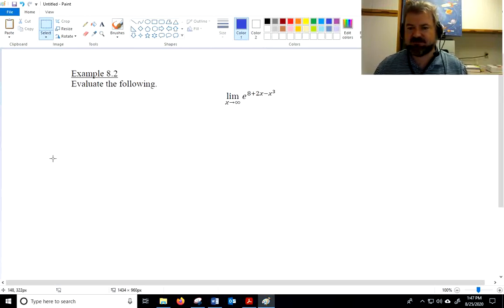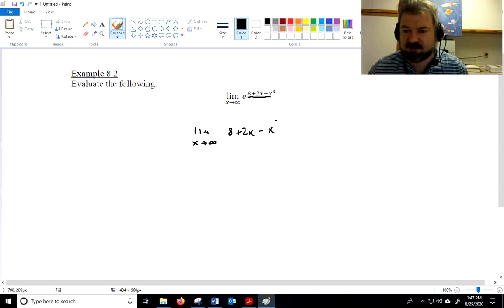Okay, so I've got this function right here. What I'm going to do is simply find the limit of this exponent and see if that limit is going to a real number or a positive infinity or negative infinity. So the limit as x approaches infinity of 8 plus 2x minus x cubed.